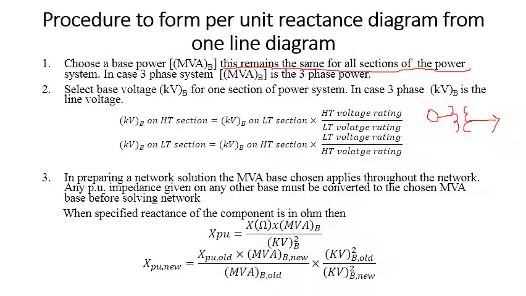So I will write it as: the generator is dealing with LT, and this is the transformer which is dealing with LT on this side and with HT on the other side. Whatever we need to remember, you have to be very careful that if it is HT, it is LT into HT divided by LT.